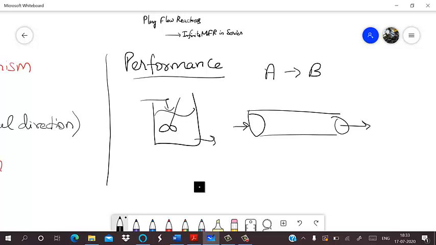In this case, what happens? The moment it enters inside this MFR, there will be some concentration, right? But that concentration will be throughout the reactor, because that's how we have assumed the mixed flow reactor to be. In the PFR, at this point Ca will be higher, and as it goes here, Ca will be lower.